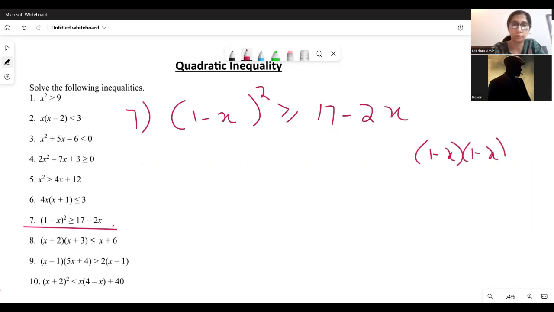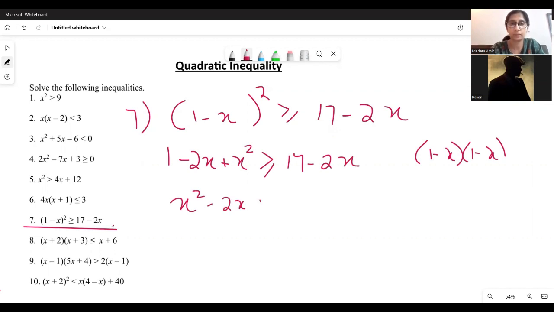It's up to you. I'm going to do it directly. 1 minus 2x plus x square greater than or equal to 17 minus 2x. So we have x square minus 2x plus 1 plus 2x minus 17 greater than or equal to 0. So we have x square minus 16 greater than or equal to 0.